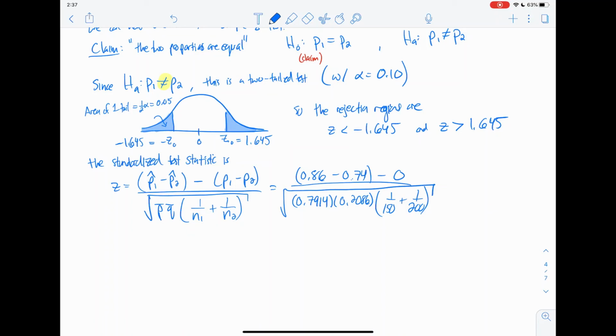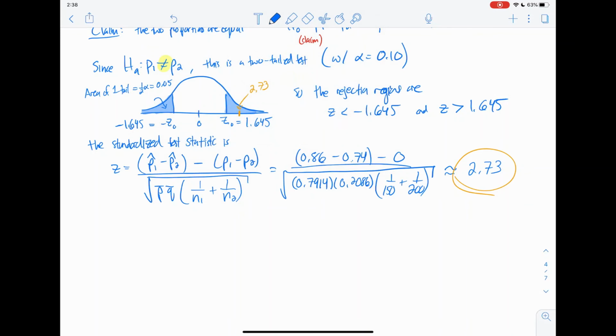And if you go through and carefully plug this into a calculator, you should be getting approximately 2.73, where this standardized test statistic clearly lives about right there. That's 2.73. Clearly, it's larger than 1.645, and so yes, this does live inside the rejection region.